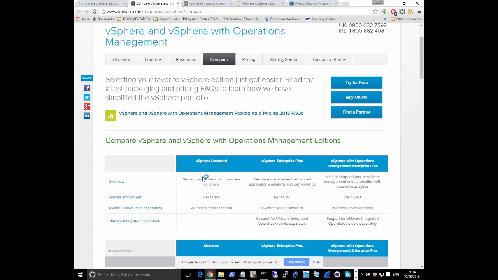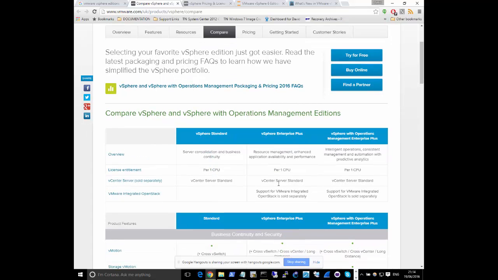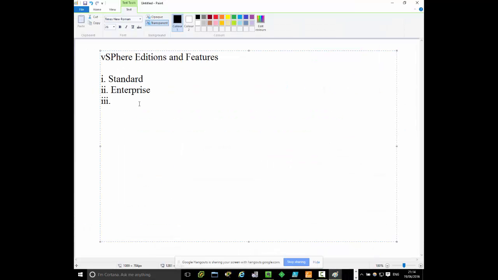Okay, so let's move on. You go to VMware vSphere. Let's assume that the information we had as of two days ago was still correct. We have enterprise and enterprise plus. The thing to understand with these different editions is that the main differences between them are in their functionality, the amount of features or the different features that you can use.